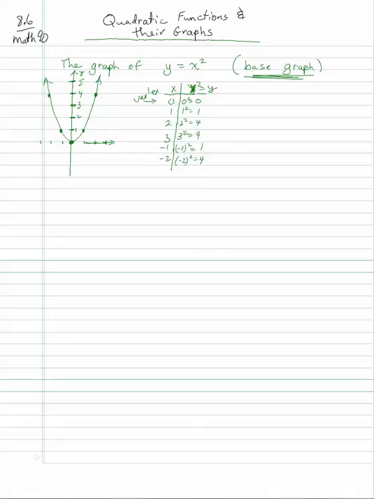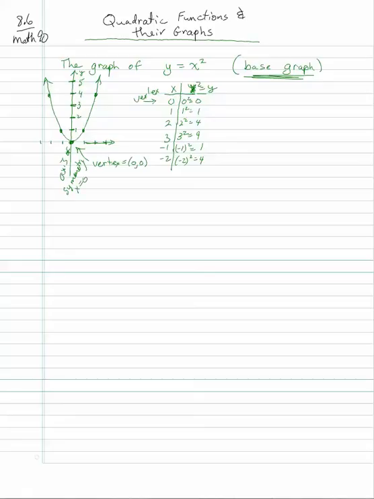The vertex in this case is 0, 0. It has an axis of symmetry at the line x equals 0.